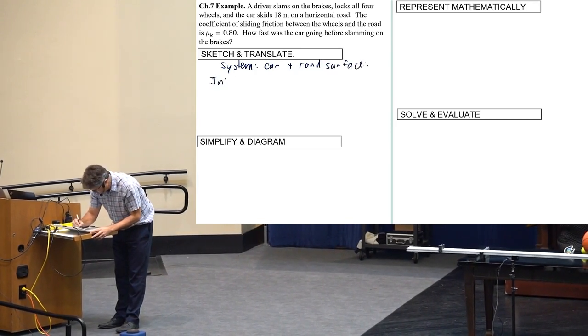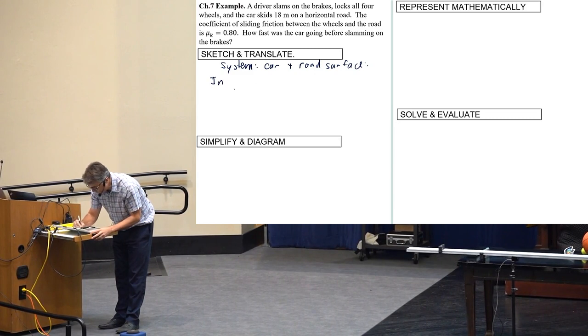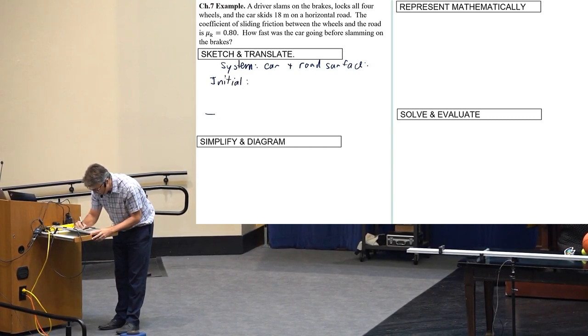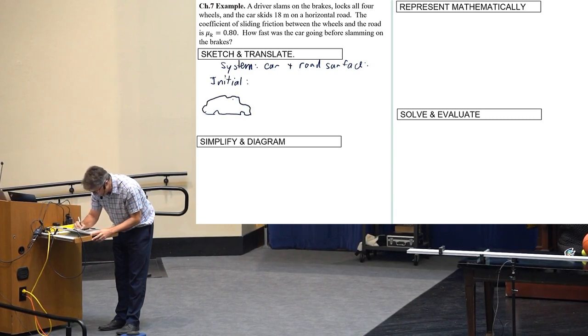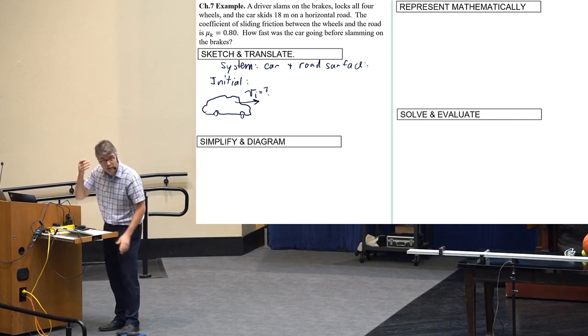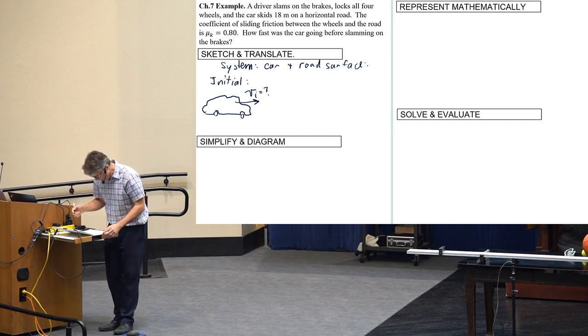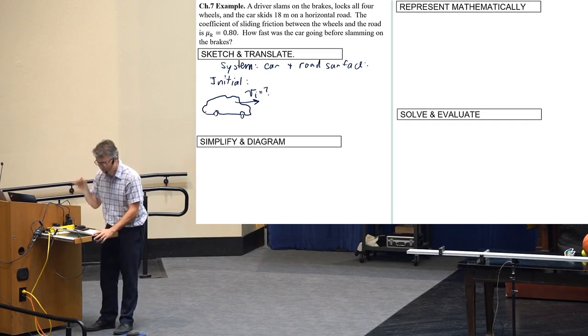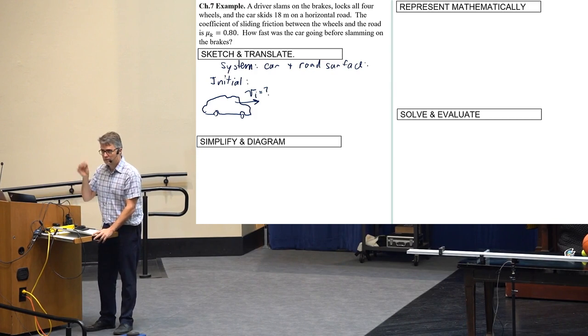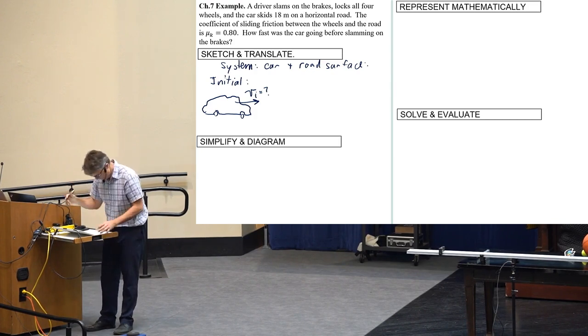So the initial situation is you've got a bunch of kinetic energy in this car. Terrible car drawing, but there are the wheels. And you don't know what the initial speed was before the slamming on brakes part, the screeching part.